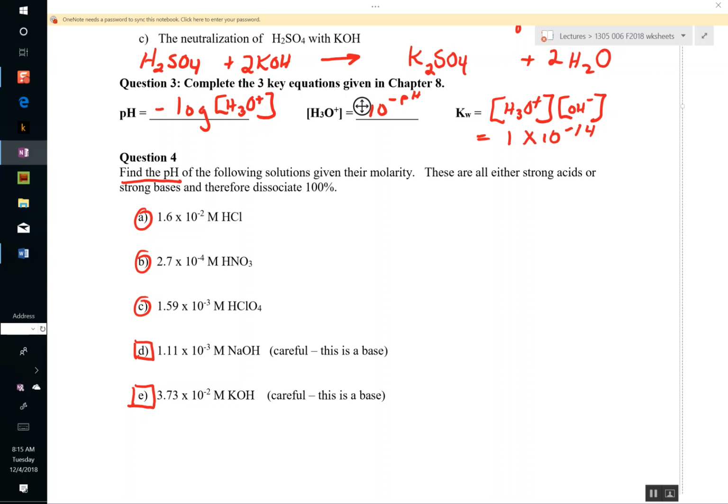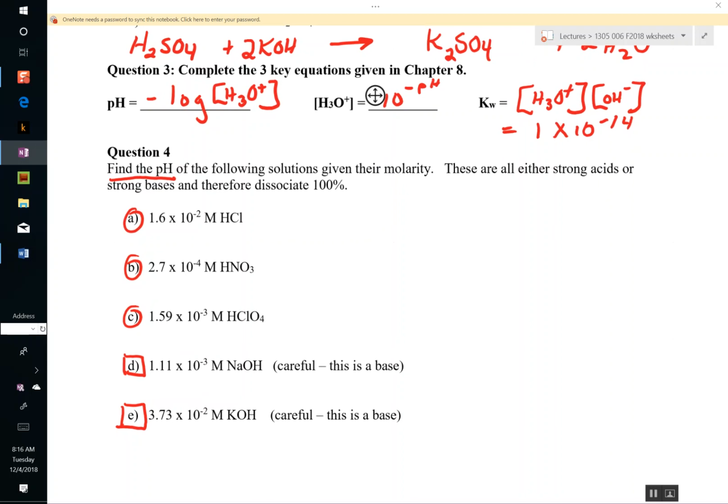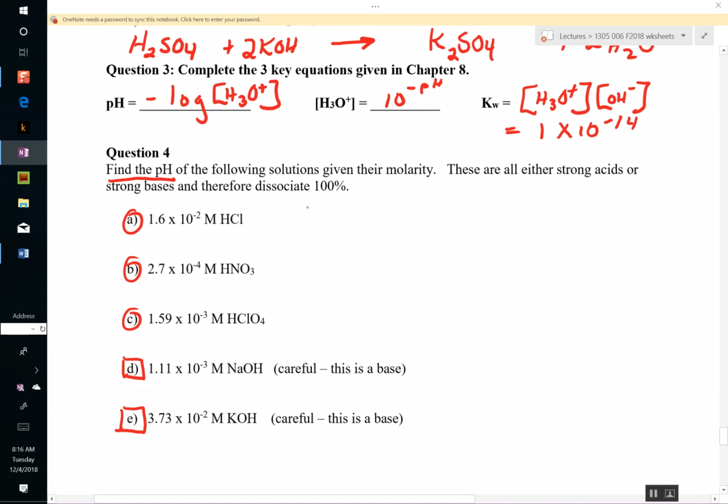So, how does that help you? Let's take one at a time. Part A. We've got a solution that's 1.6 times 10 to the minus 2 molar hydrochloric acid. So what that means, I wish I had put myself a few more spaces here.